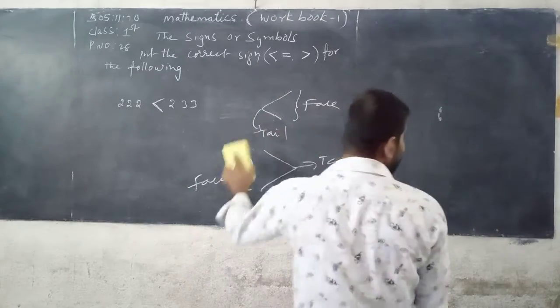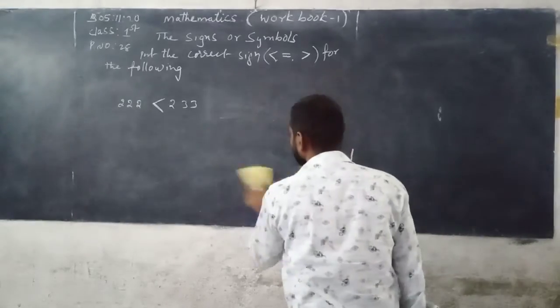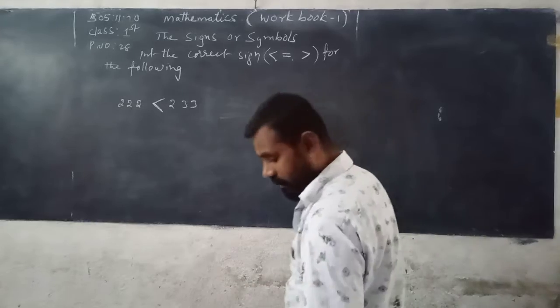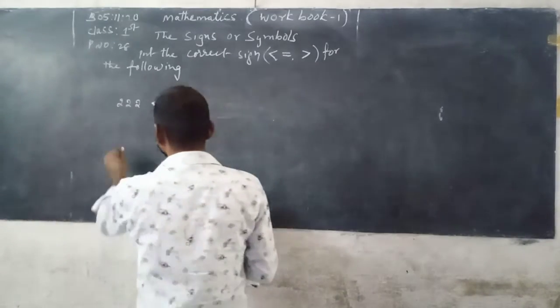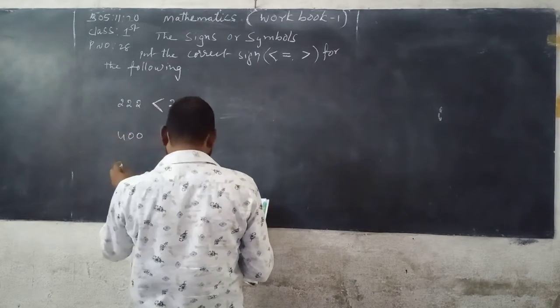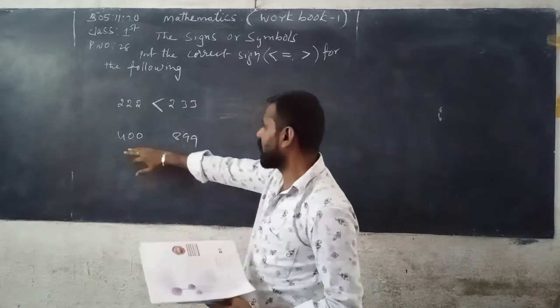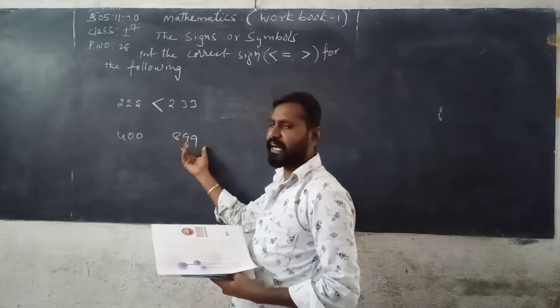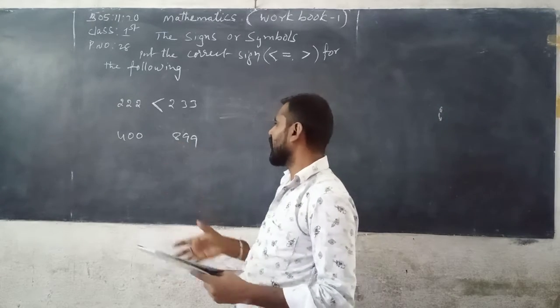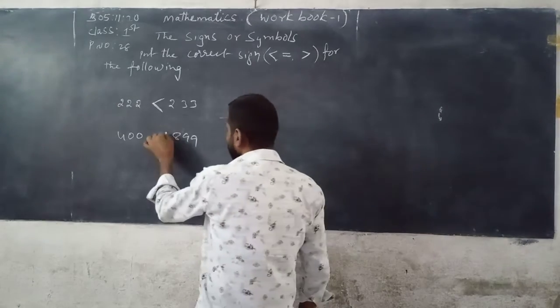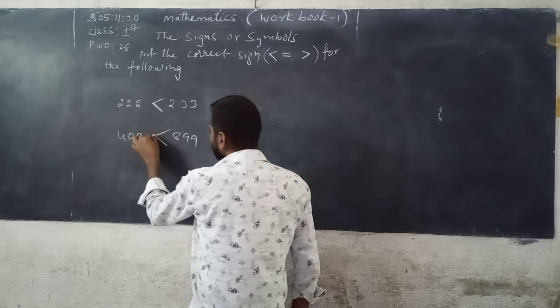Then the next one is 400 and 899. See here, 400 is the smaller number than 899, so 899 is the bigger number. So you can use the less than symbol.